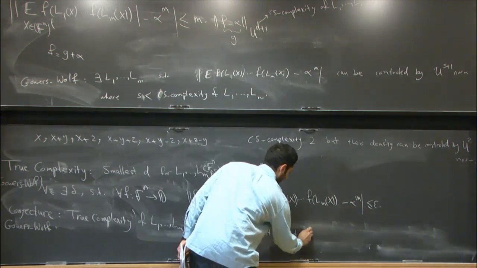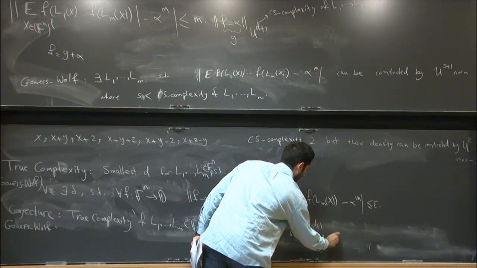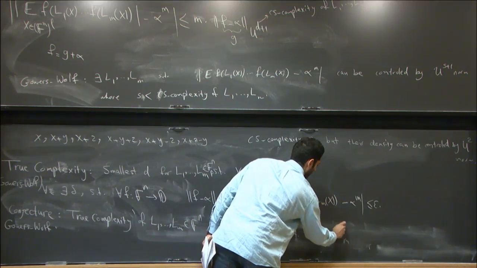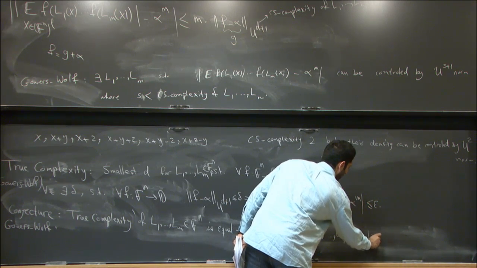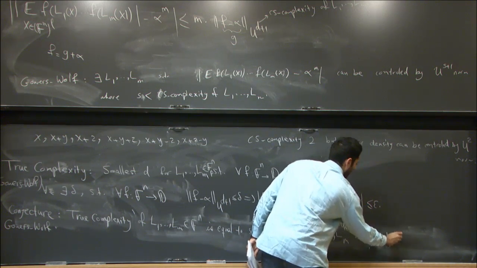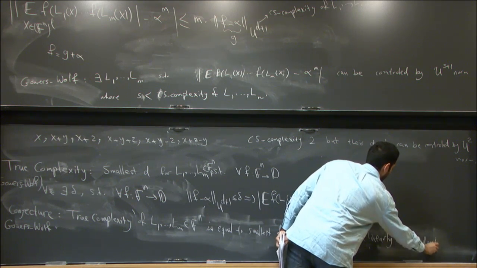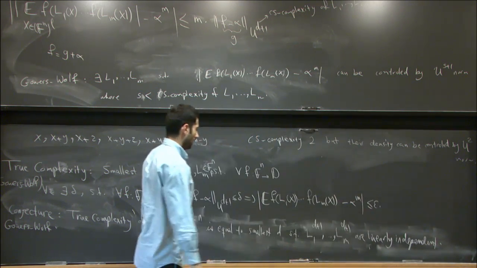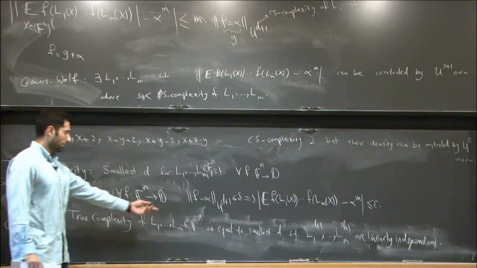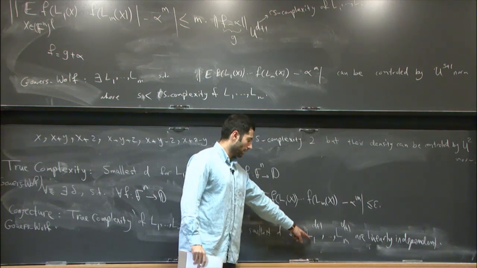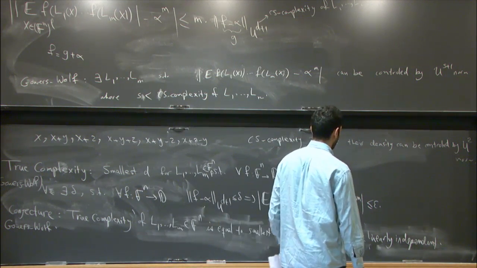So I'll just define what I mean by the tensor power. Okay, so the conjecture is that the true complexity is the smallest d such that the d plus first tensor powers are linearly independent.